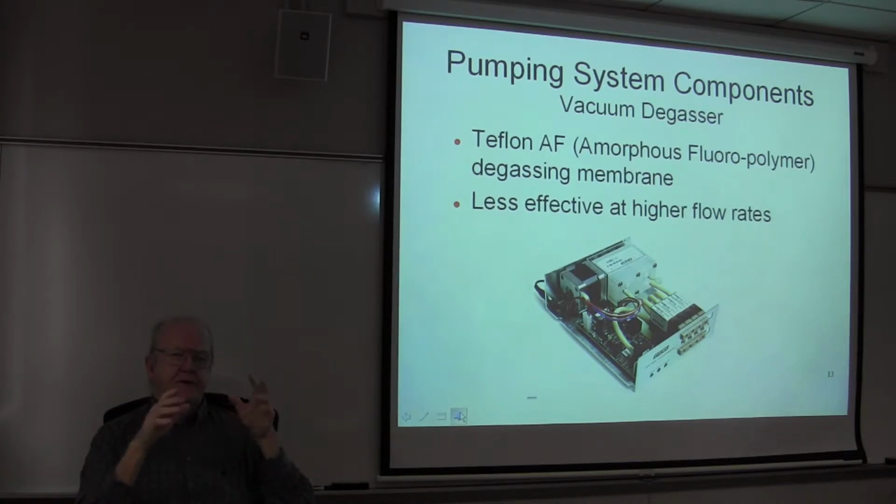The solubility of atmospheric gases, oxygen, nitrogen predominantly, in water is much less than the solubility of atmospheric gases in methanol. Gases are relatively low polarity substances. They prefer to dissolve in organic than in water.